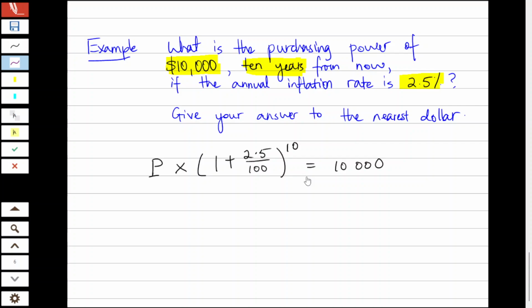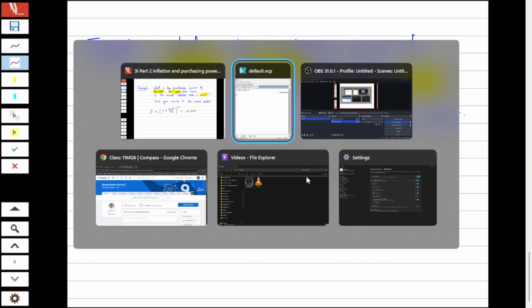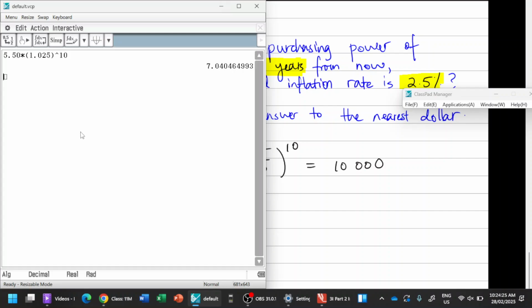I'll demonstrate it on the screen now as well. If you need help finding buttons like the power button and the multiplication button, I can come round in just a moment once I finish the video.